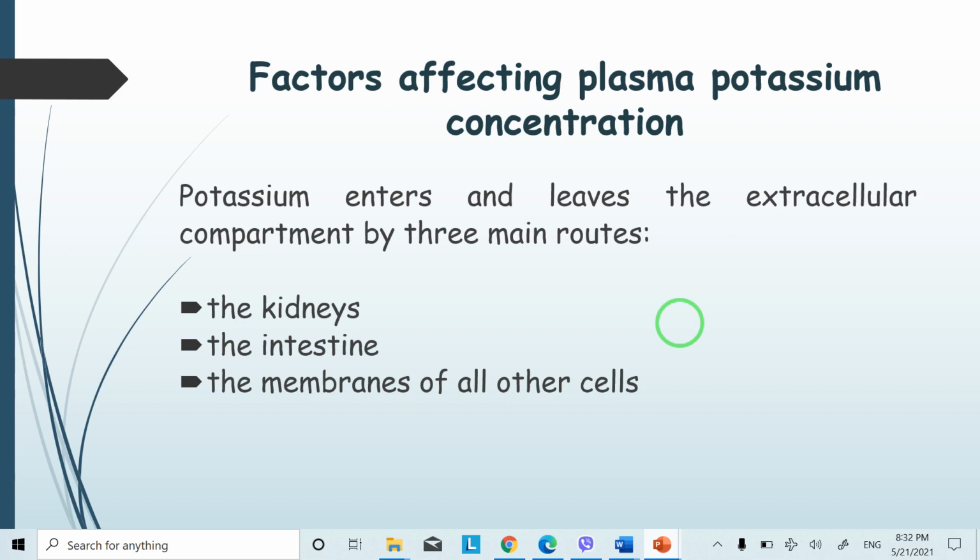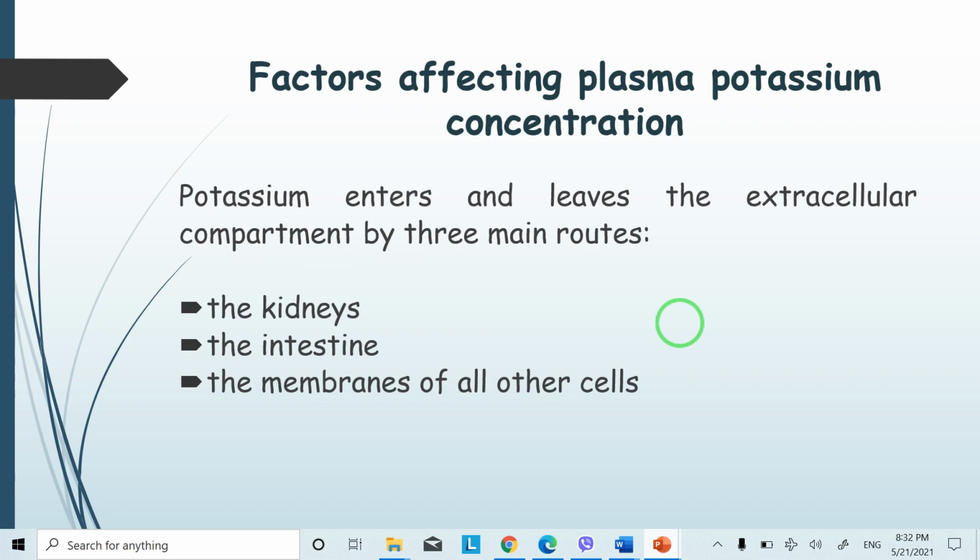Because most of the potassium is found inside the cell, when we measure the concentration of potassium in the blood, whether blood, serum or plasma potassium, it doesn't accurately reflect the total potassium content of the body.